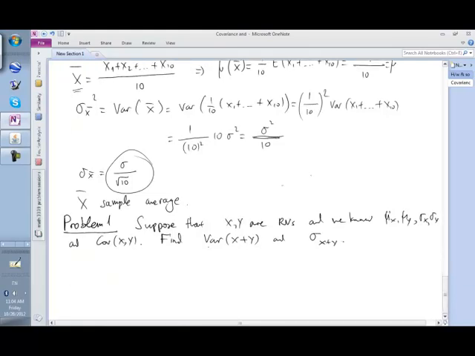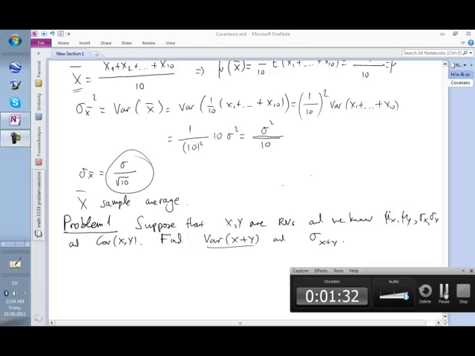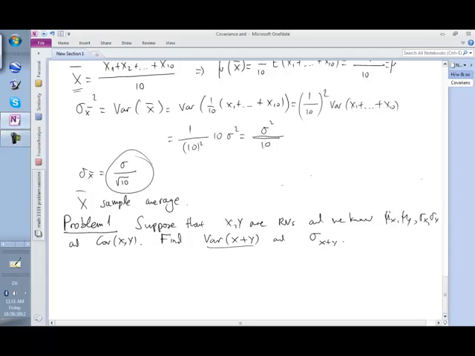Well, of course, if we find the variance of x plus y, then the standard deviation is only the square root of the variance of x plus y. So let's see how we'll find the variance of x plus y.